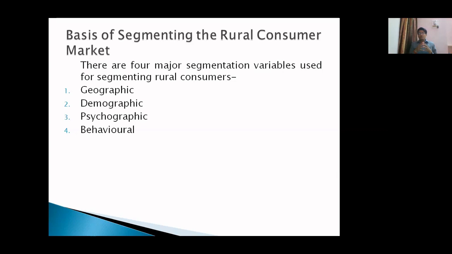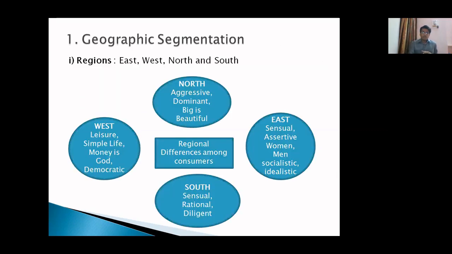These four are the major segmentation variables used for segmenting rural consumers. Now, we will be studying each one of these variables in detail. All these four major variables will be having sub-variables in them. So let us start with geographic segmentation.